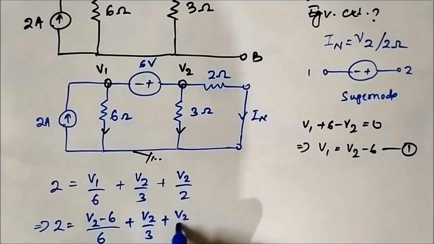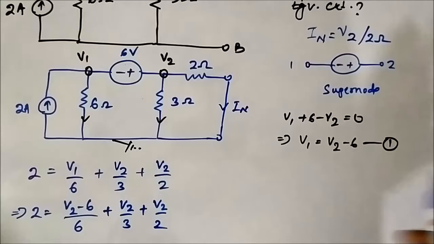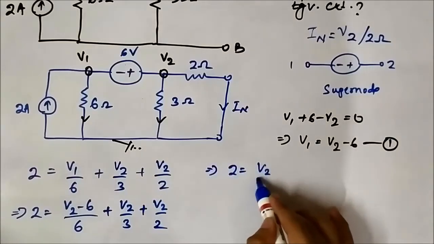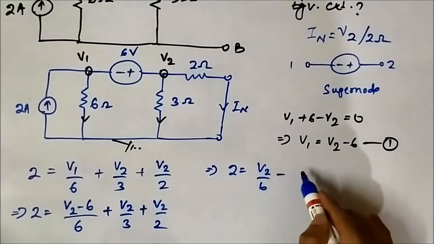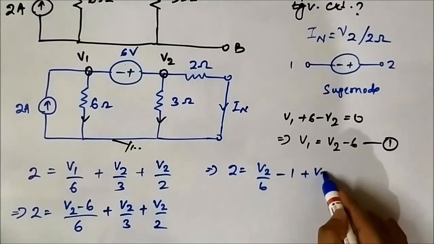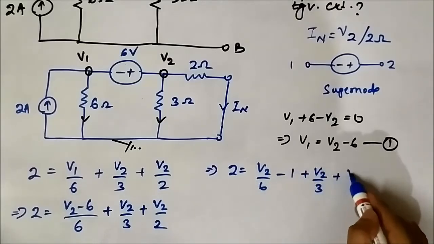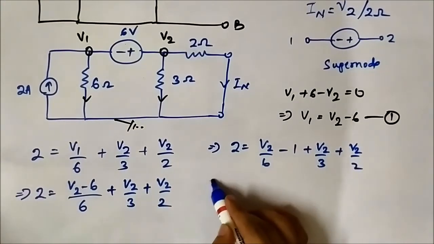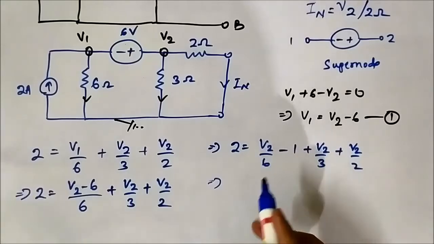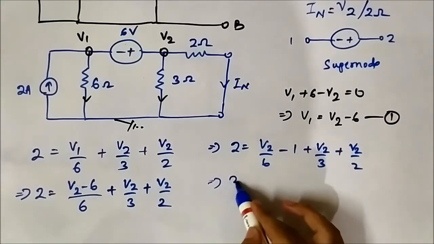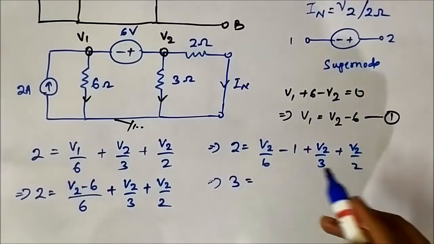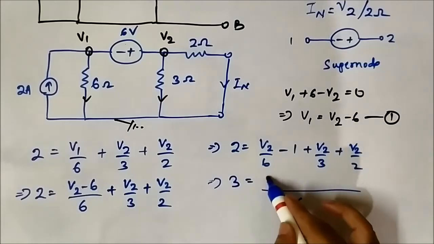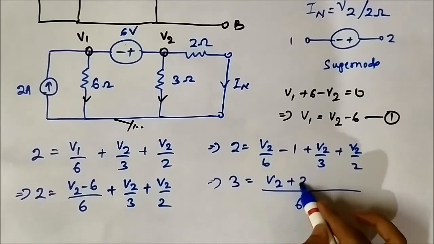plus V2 by 2. Okay, that implies 2 is equal to V2 by 6 minus 6 by 6, plus V2 by 3 plus V2 by 2. That implies, taking 1 on this side, it becomes 3 is equal to, taking the LCM, 6, V2 plus 2 V2 plus 3 V2.